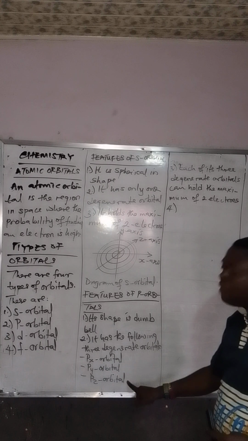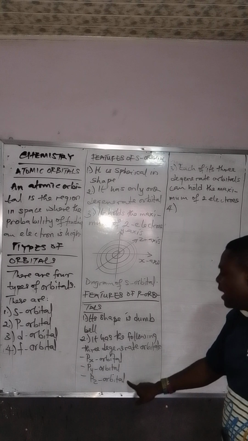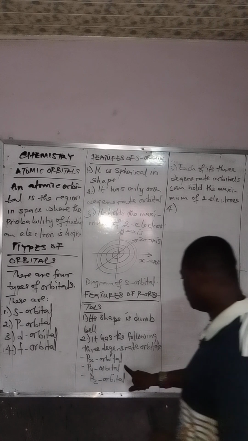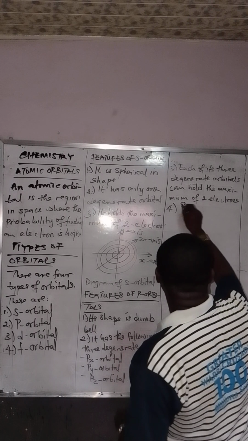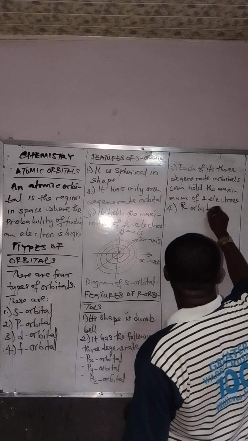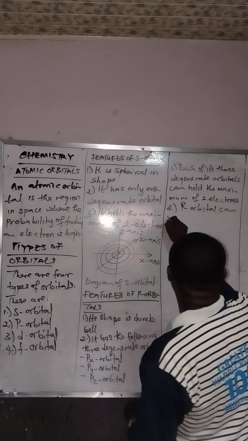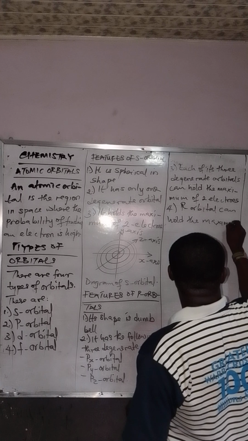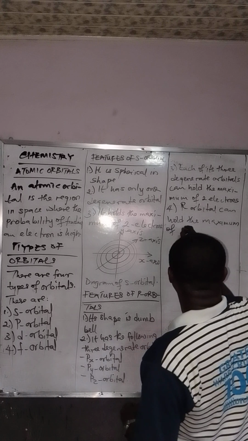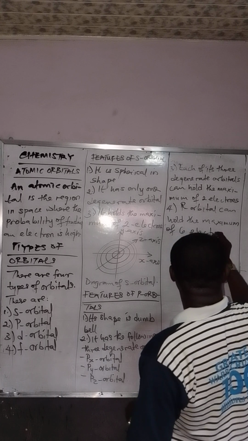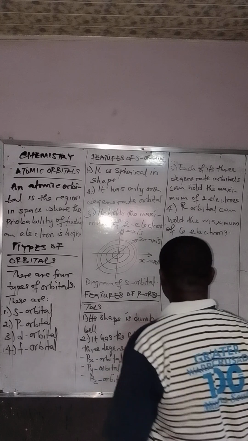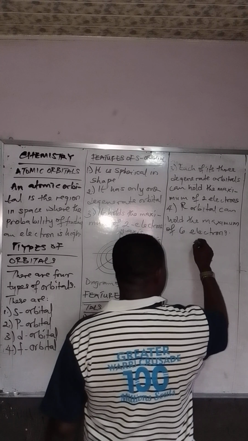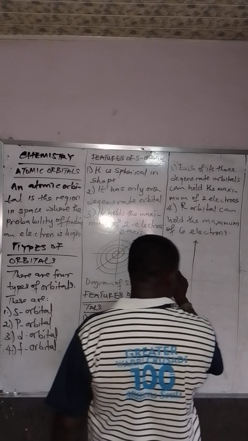So what is the total number of electrons that p can carry altogether? That is 6: 2 plus 2 plus 2. So p orbital can hold a maximum of 6 electrons. Let's make a sketch of each of these orbitals. Let's draw our Cartesian plane.